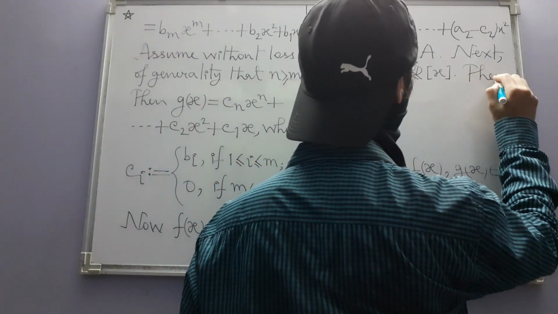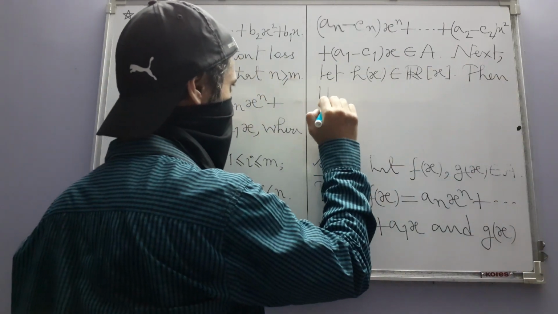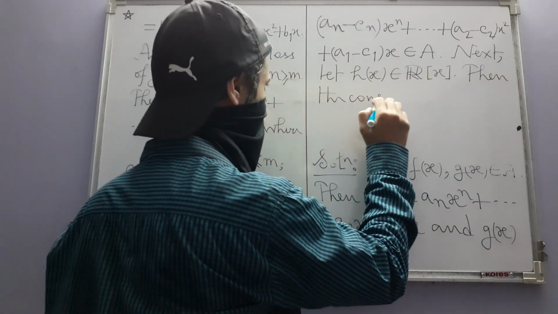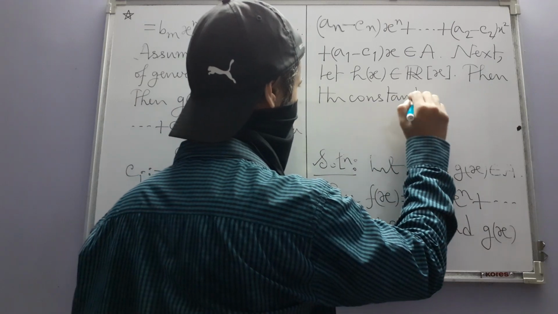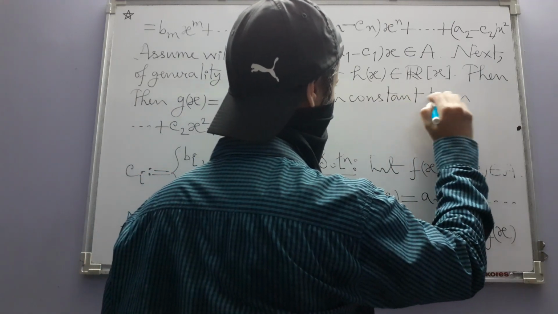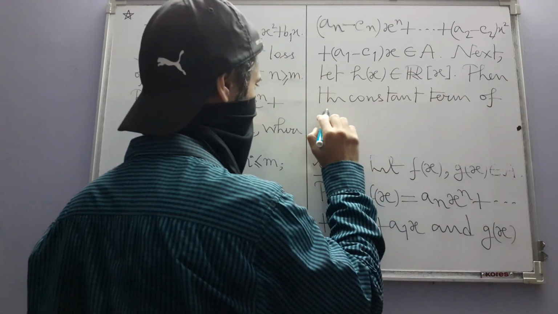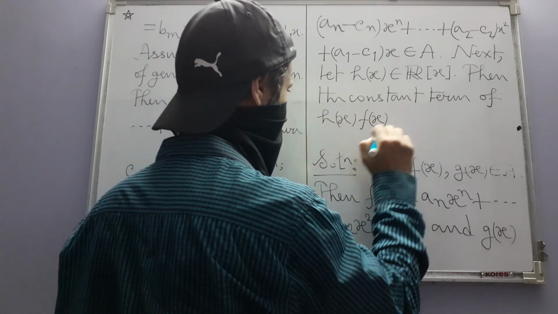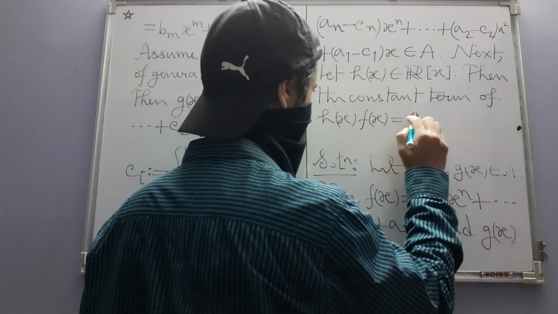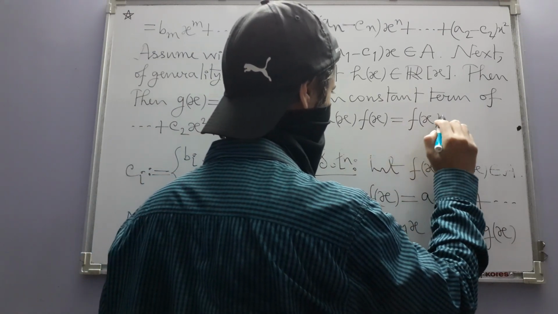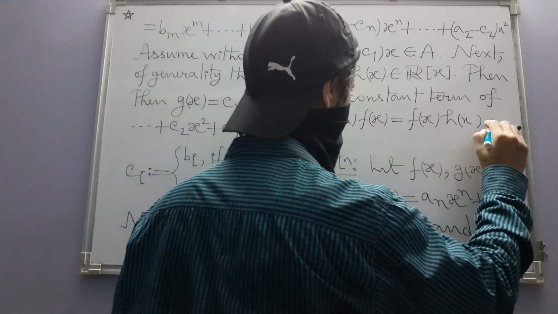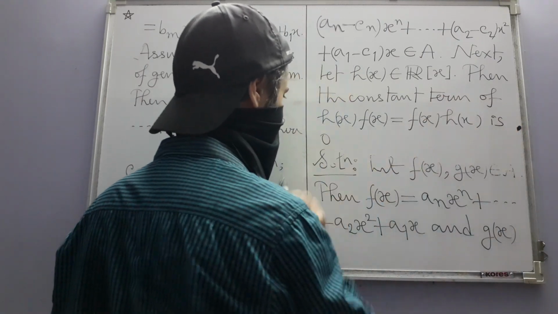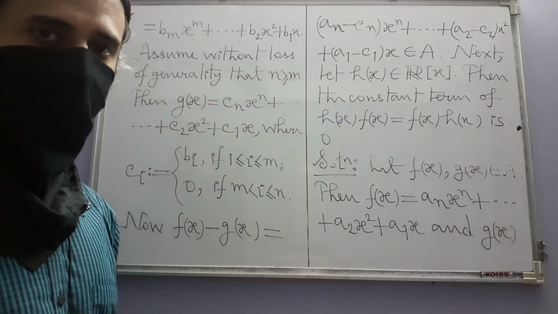Then the constant term of h of x times f of x, which is also the same as f of x times h of x, is 0. But why? That question remains.